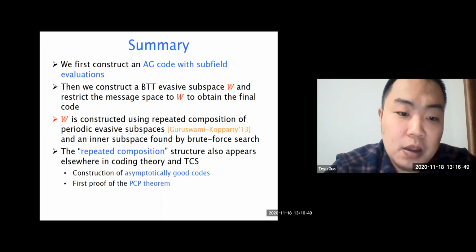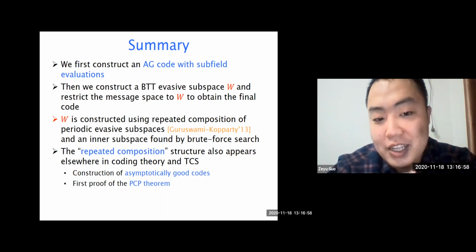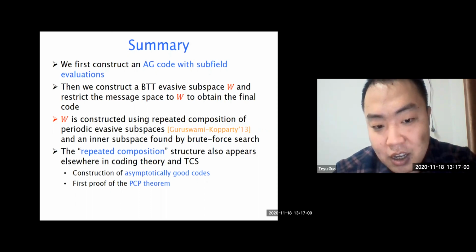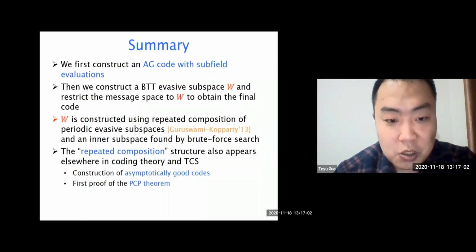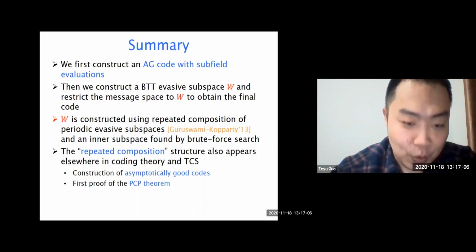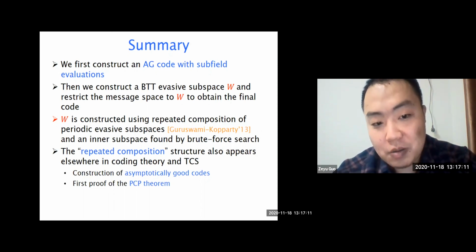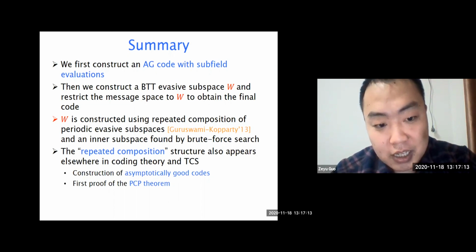If you remember, they compose outer codes and outer PCP with inner PCP, and so they first applied outer PCP twice, and then use the inner PCP that has constant query complexity. So I think the proof structure that we use is very similar, although our proof is much simpler. But I think it's interesting to note that this structure appears in other places in TCS.